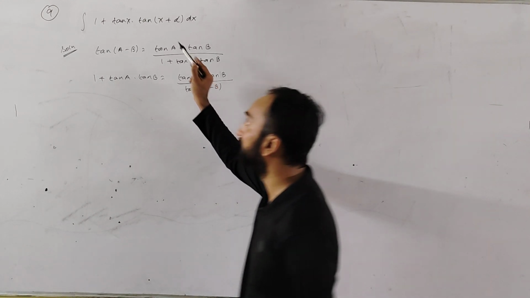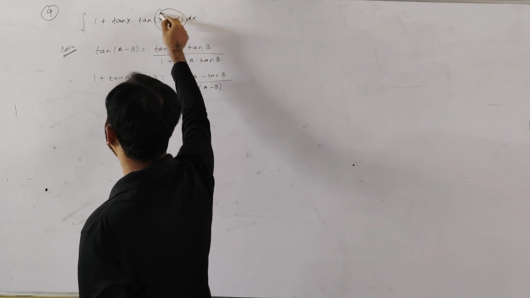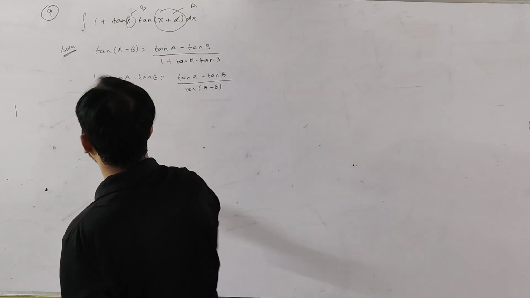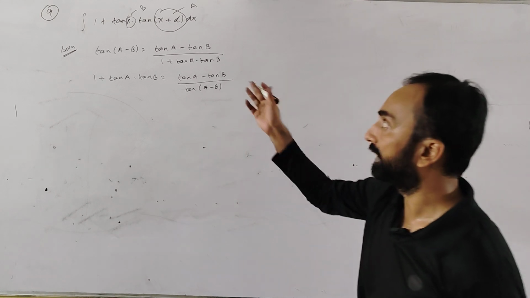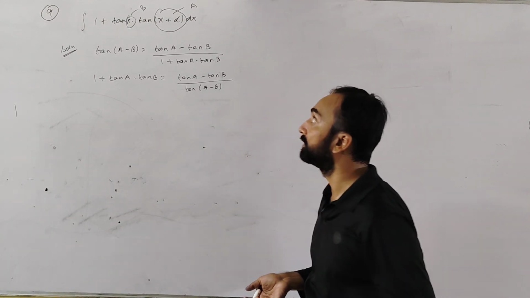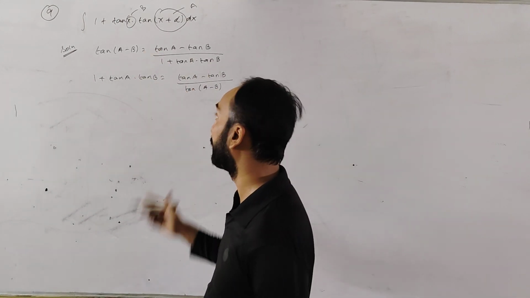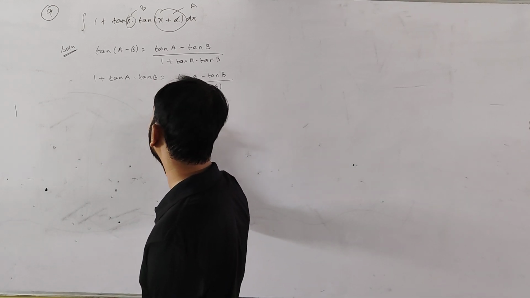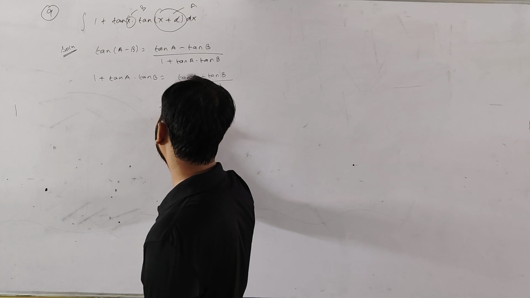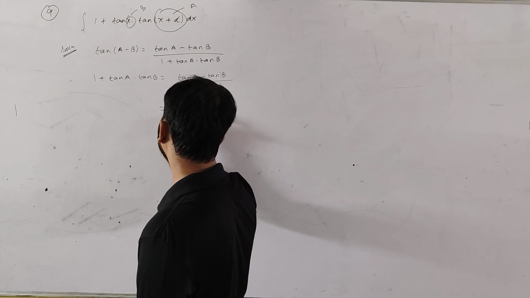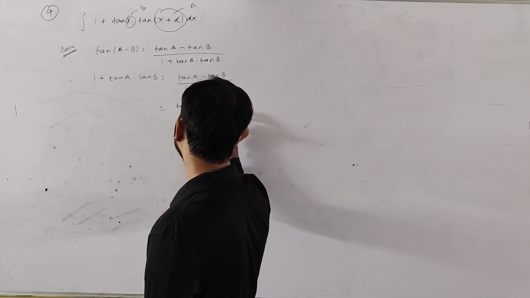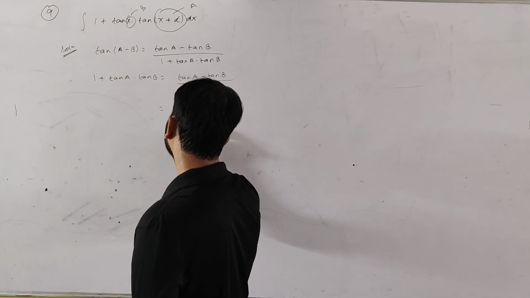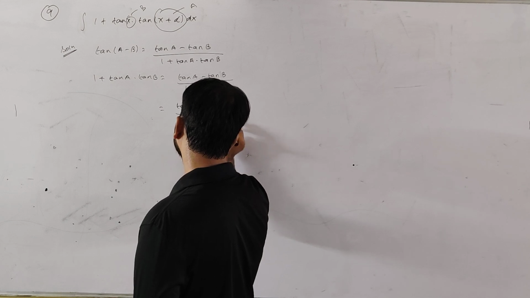Now let's suppose this part I am calling a, and this part I am calling b. The second part I am calling a, and the first part I am calling b. So in this case, 1 plus tan a into tan b can be written as tan (x plus alpha) minus tan x divided by tan (x plus alpha minus x).